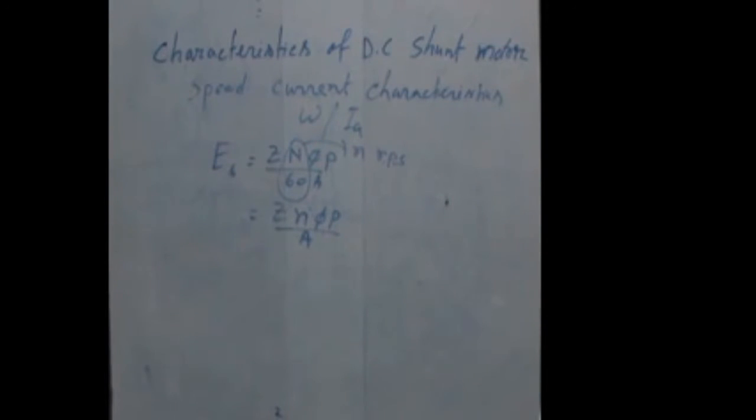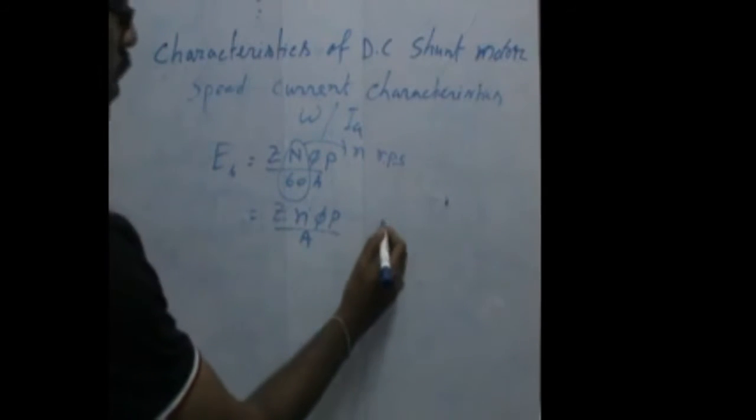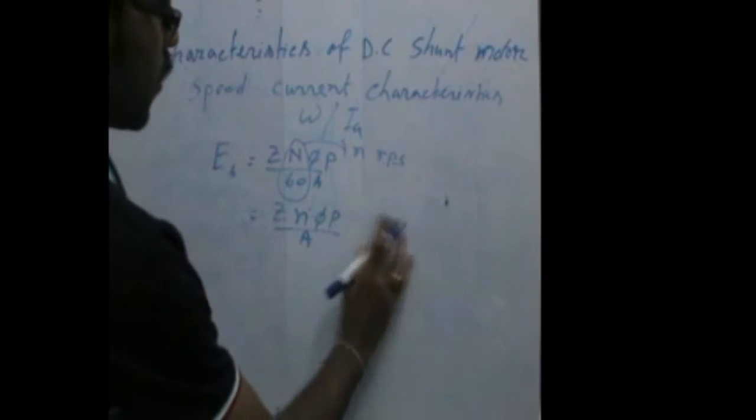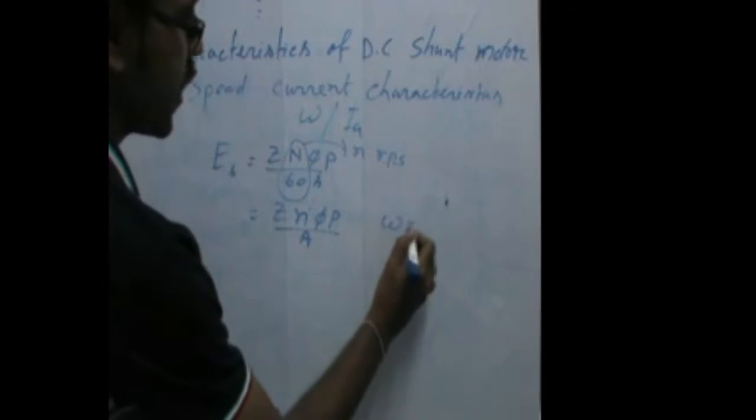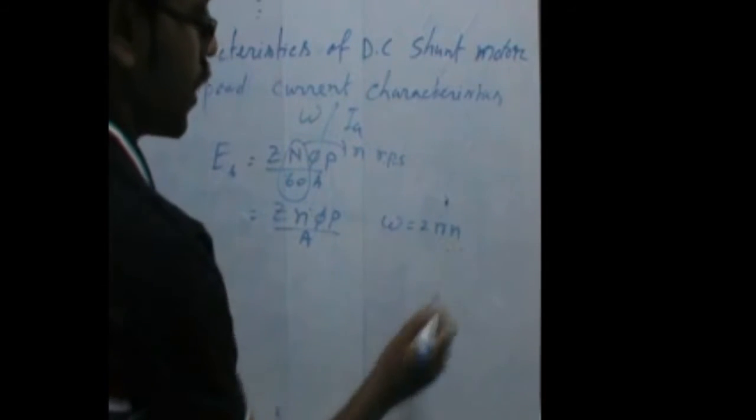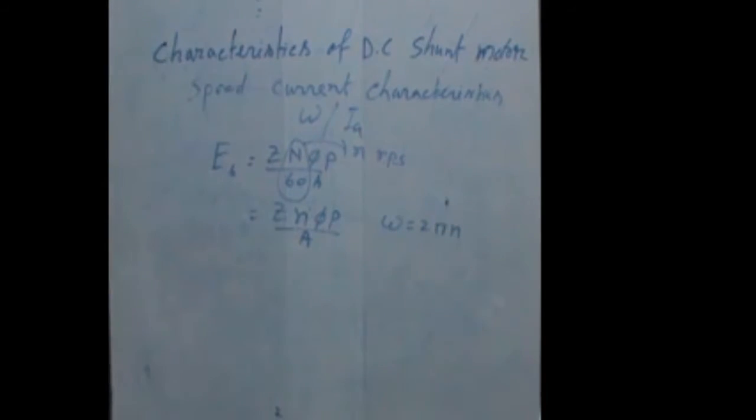Now the fact is, n is in RPS, that is number of rotations per second, and omega is radian per second.